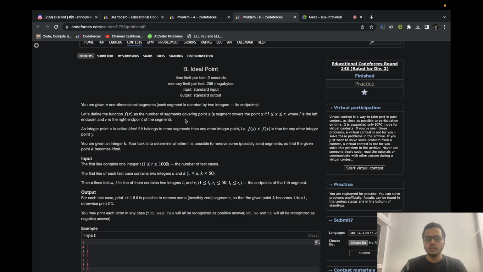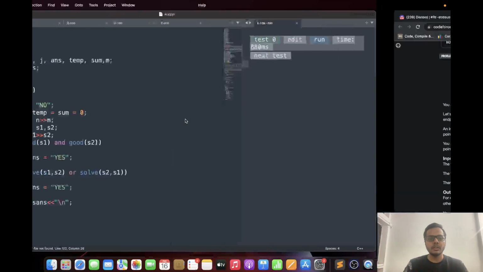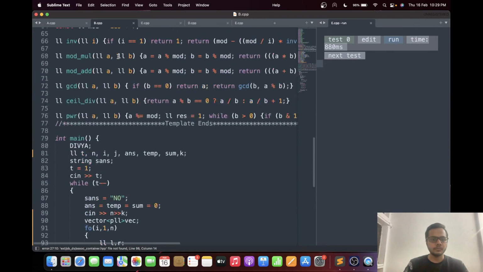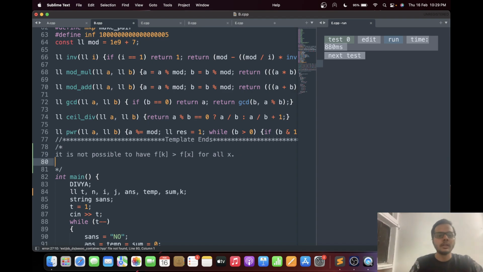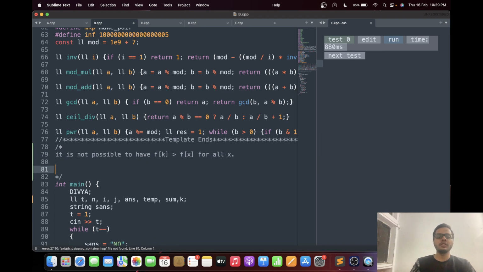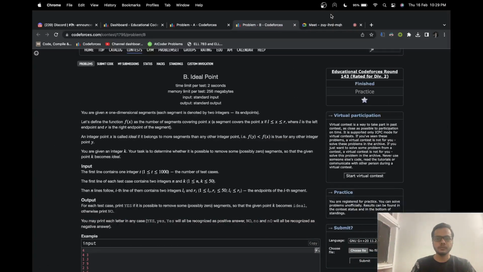So what exactly happens when we are not able to make k ideal? It is not possible to have f of k greater than f of x for all x. This is the condition that we want to avoid, and we want to tell whether or not it's possible to avoid this condition.